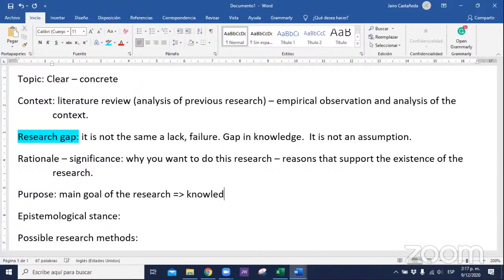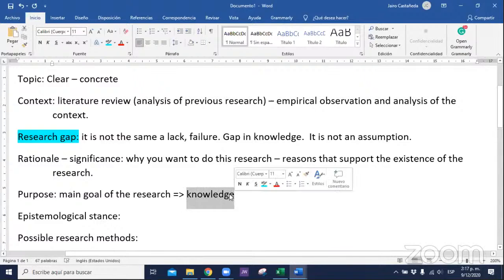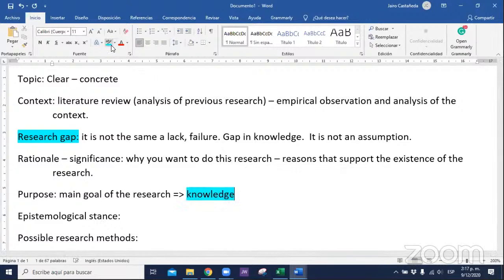The purpose is very related to the objective, but the objective has to do with knowledge. Everything that you produce in a research has to be related to knowledge. Knowledge, knowledge, knowledge.